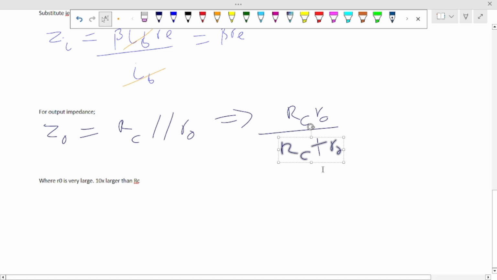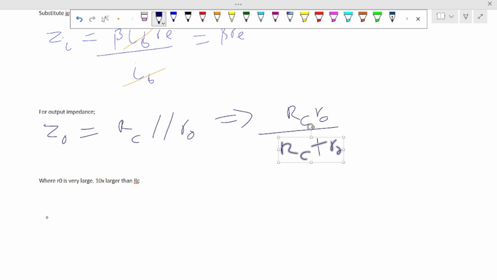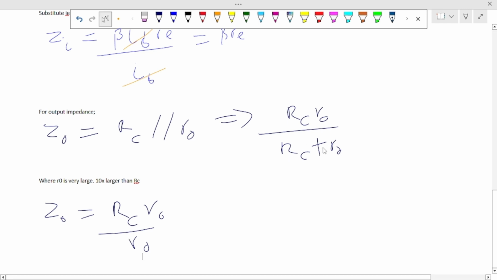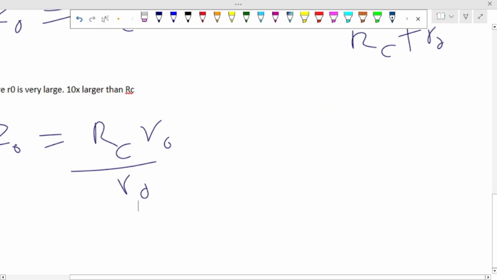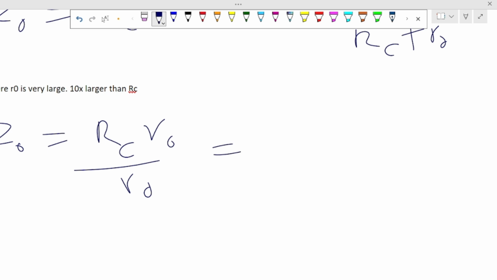That means what we have here will just be RC RO all over RO, so RO cancels out, and the output impedance equals just RC. We've gotten that.